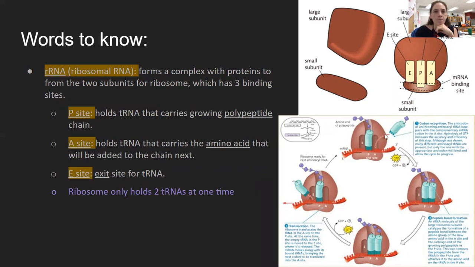The A site is where the next codon or the next tRNA is added with its amino acid, pairing up complementary codon to anticodon. E site is then where the tRNA exits. So this is after its amino acid has been added to the chain, it's going to exit. A ribosome can only hold 2 tRNAs at one time.